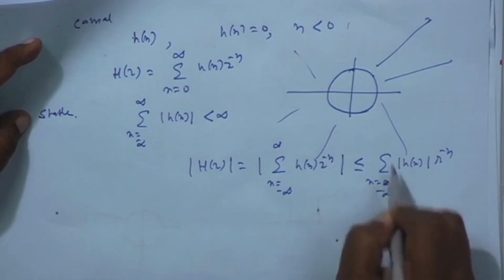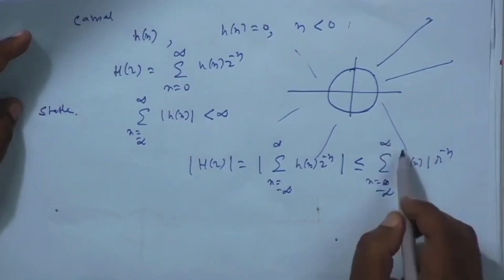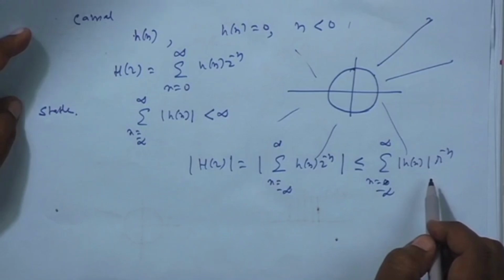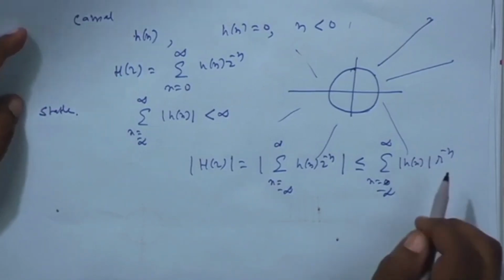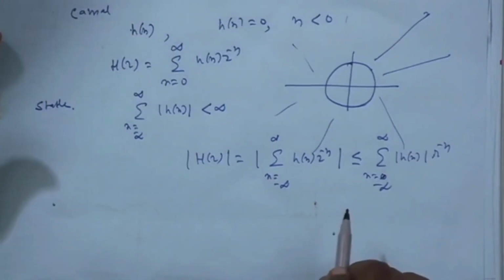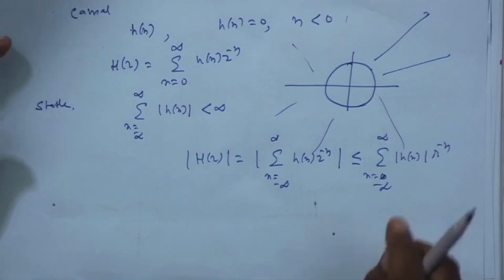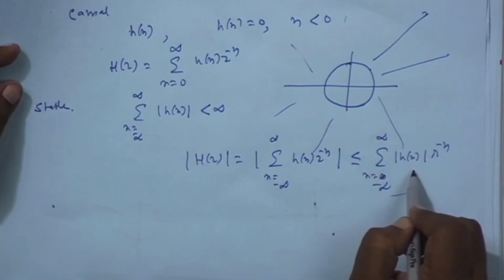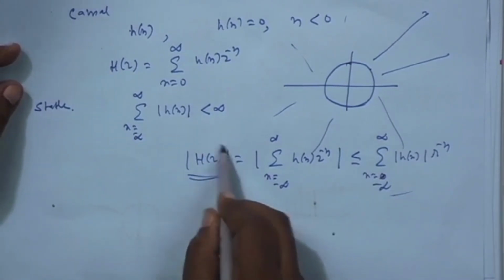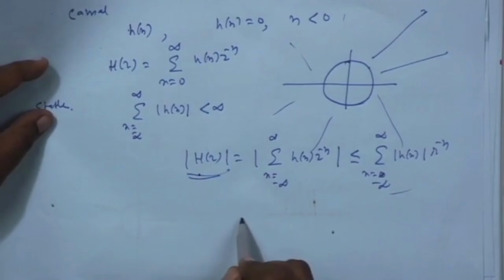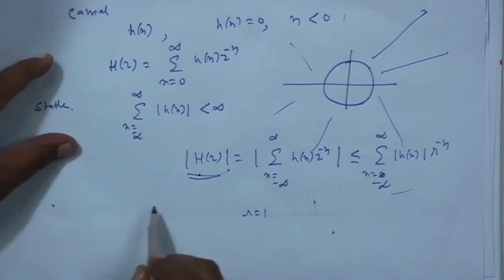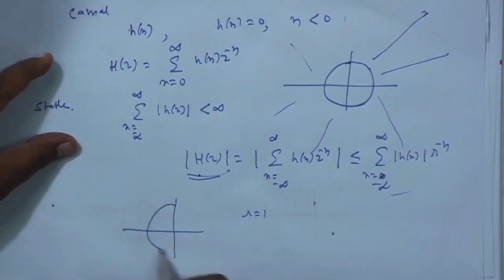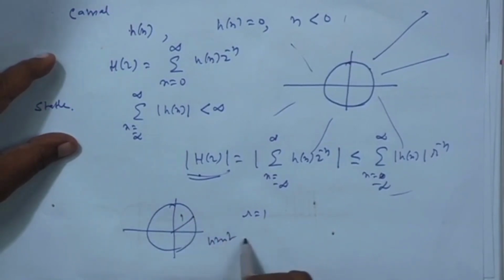Minus infinity to infinity, not necessarily causal. So, suppose r is 1, that is r equal to 1, for that also if it is finite, that means I will say ROC of H(z) includes r equal to 1, that is r equal to 1 means a circle of radius 1, it is called unit circle in the z plane.